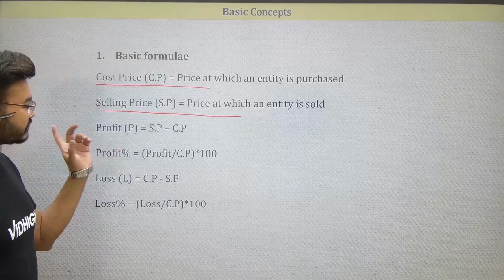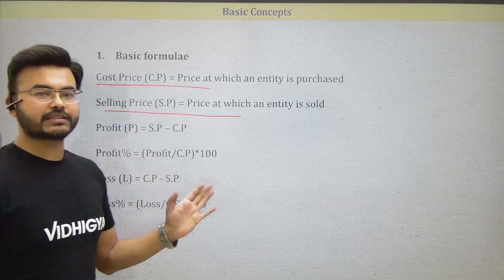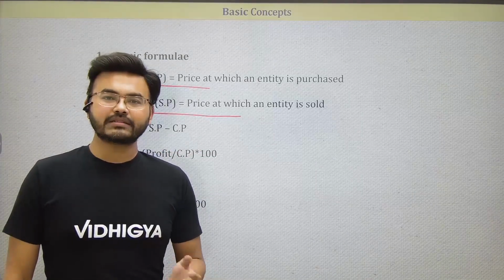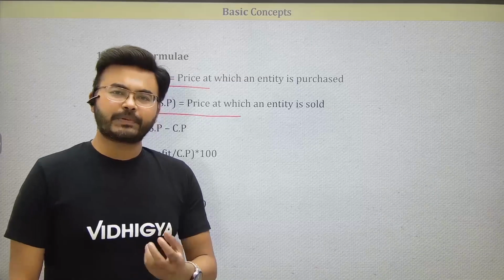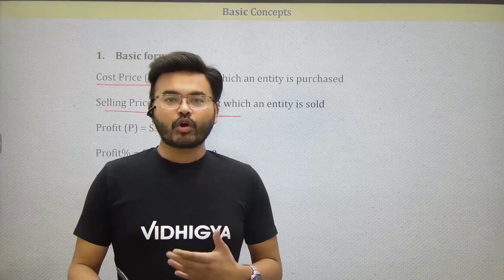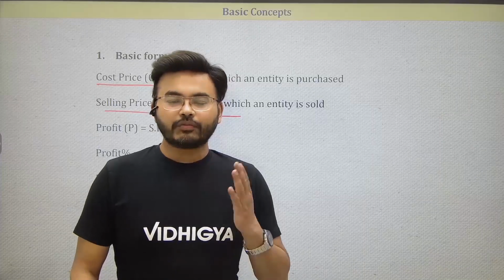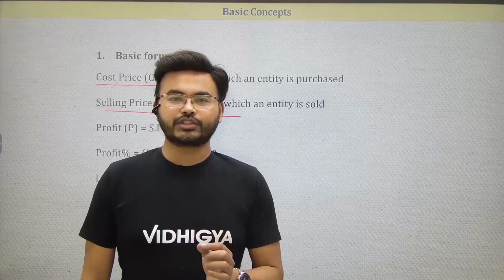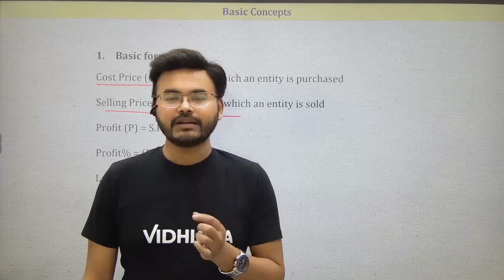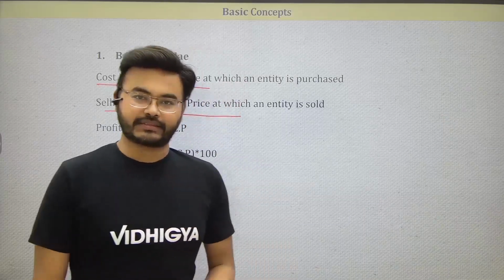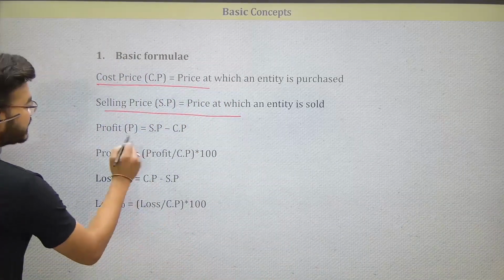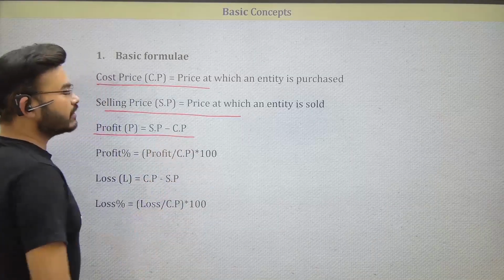The profit is calculated on the basis of selling price minus cost price. Suppose you purchased an article and now you want to sell it. When you sell it, the price at which you sell that particular article becomes your selling price. And the difference between them is known as the profit.